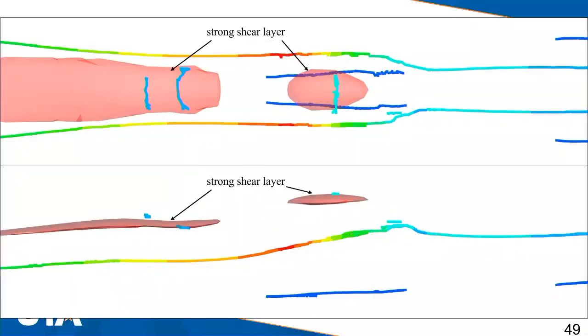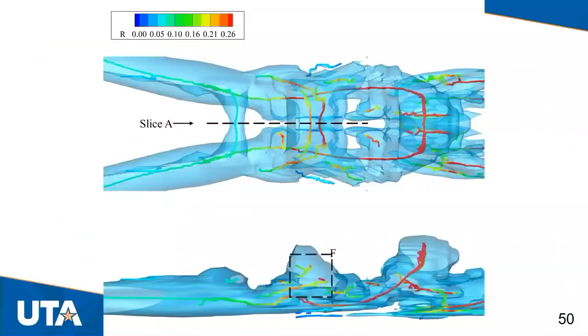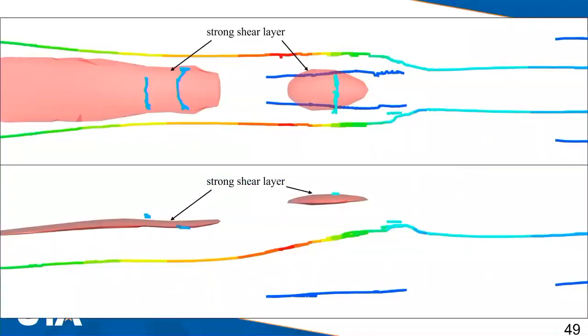So you can see there is a shear, right? There is a strong shear layer at the place where the initial stage of the vortex ring forms. So the real reason is the shear, right?